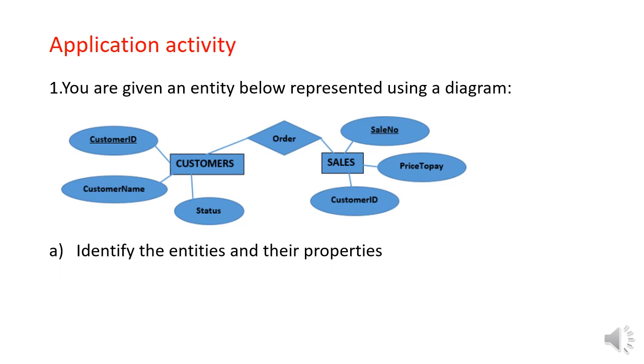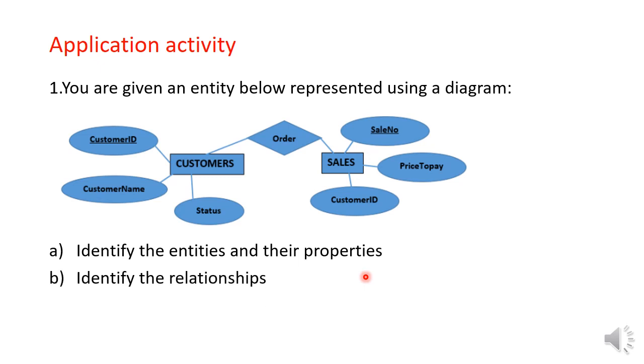The first question: after observing this entity relationship diagram, you are going to identify entities and their properties. In other words, you must be aware of the figures used to represent entities, so that you can mention the entities, and also the geometric figures used to represent attributes or properties.